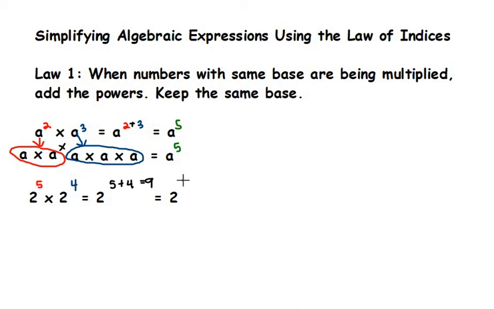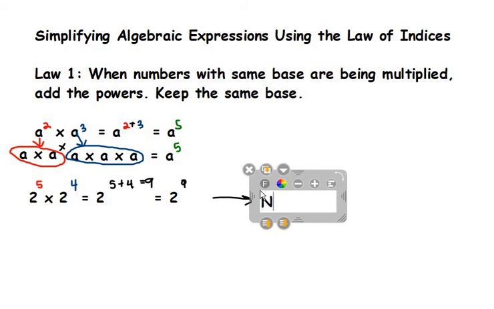Now, there are some common misconceptions when you're simplifying whether algebraic or numerical expressions using the law of indices. So this would be a numerical expression, meaning only numbers, no variables.